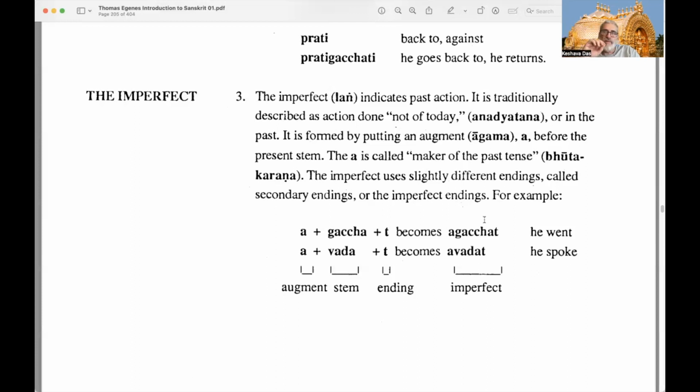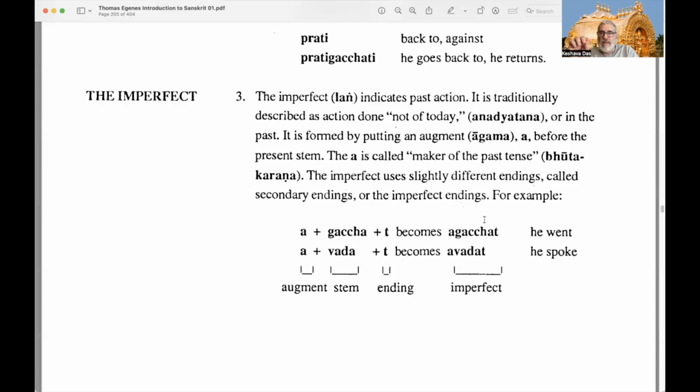Here we're going to add a short a to the stem as a marker. This short a, added to the stem before the verbal ending, is a marker of the past tense.